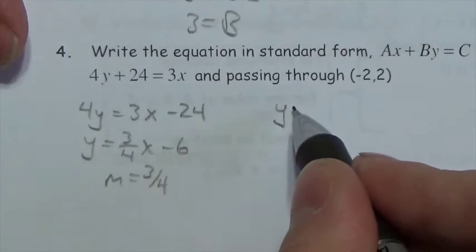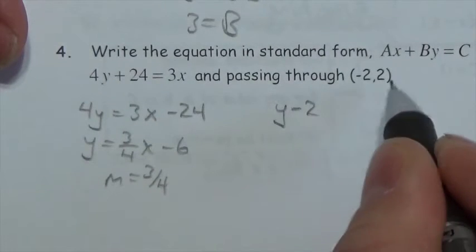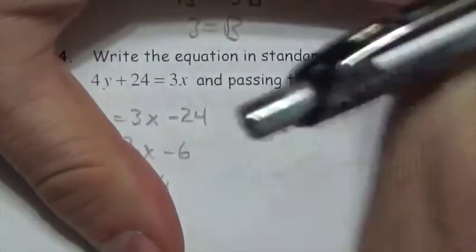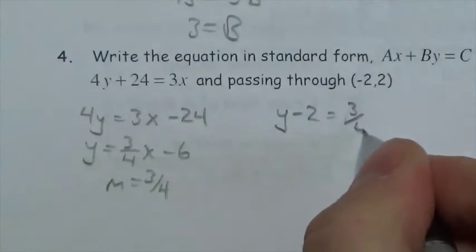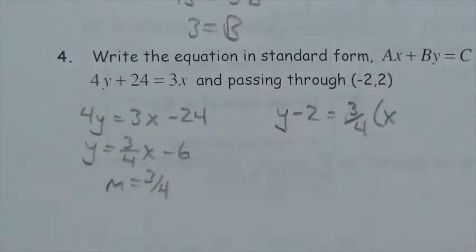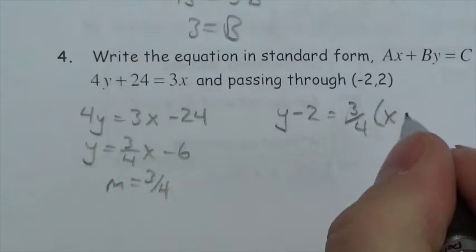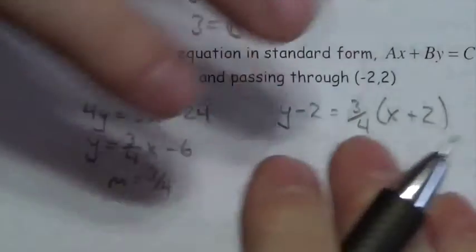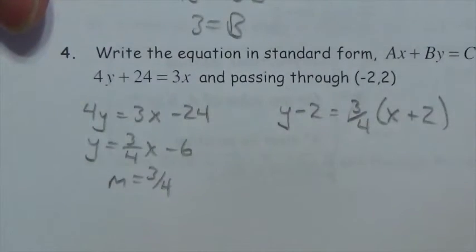So in point slope form, I'm going to get y minus 2 is equal to the slope. This is going to be 3/4. And then x minus negative 2, so x plus 2. Okay, now I want to put this into standard form.